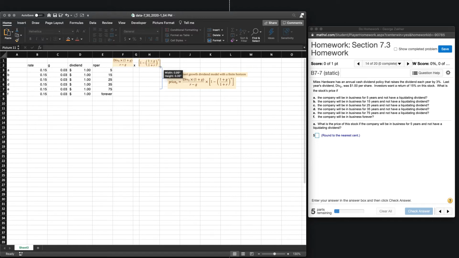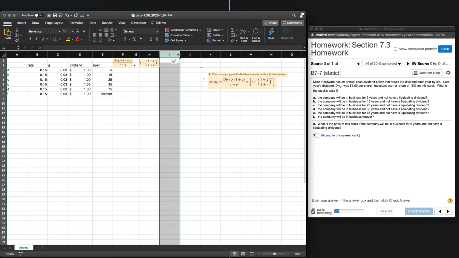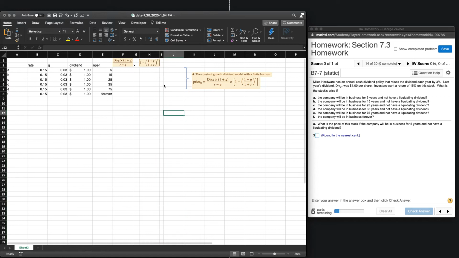And then ultimately that's going to give us our price. So actually let's make some room here. This gives us our price 0, the starting price.